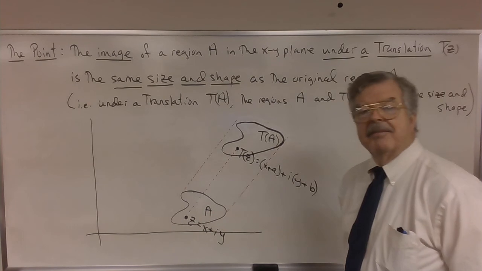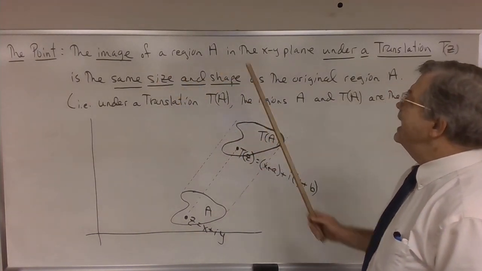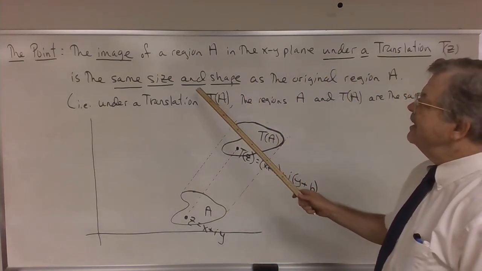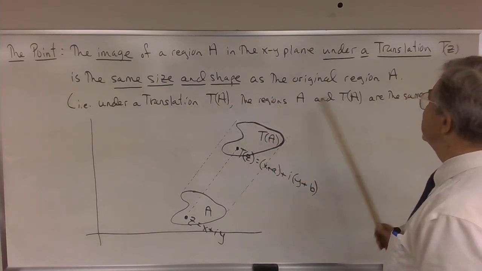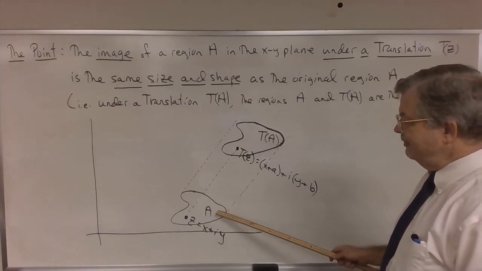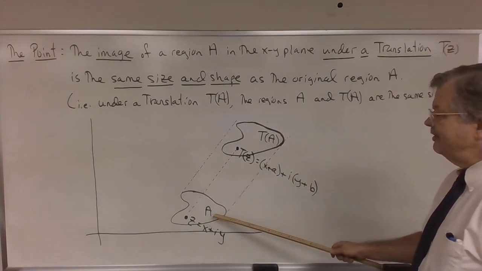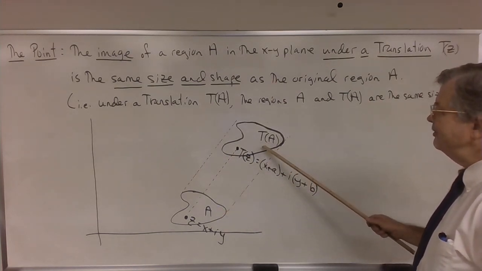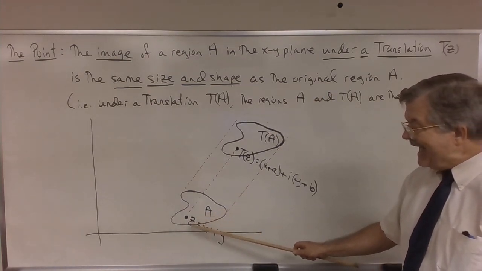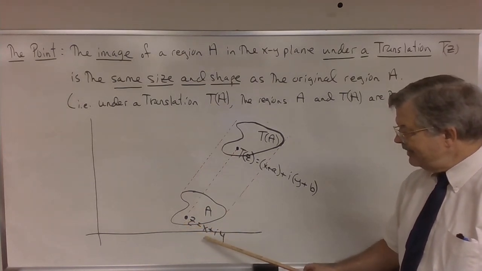Building further on the point, the image of a region A in the xy plane under a translation T of z is the same size and shape as the original region A. So here's the original region. Here's the translation. This is the entire region plugged into the translation T, so to speak. And what we've done is we've taken every point in region A, z equals x plus iy.